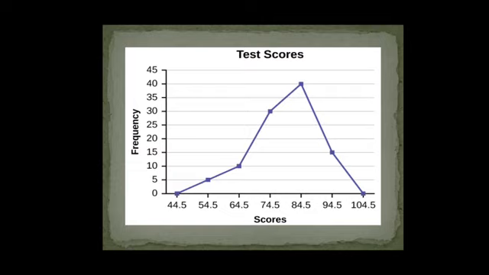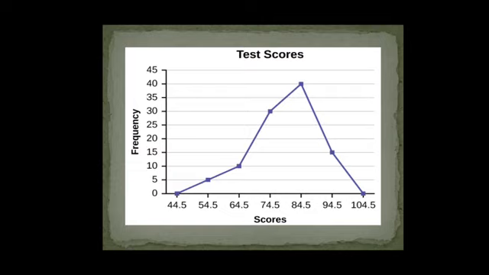Note that we will also mark the previous and next mid-values to start and end the polygon at zero frequency. That is, we plot 44.5 and 104.5 on the x-axis as well.